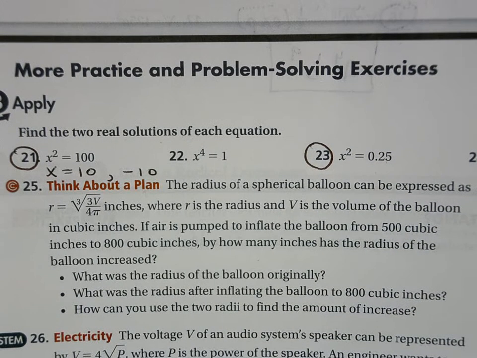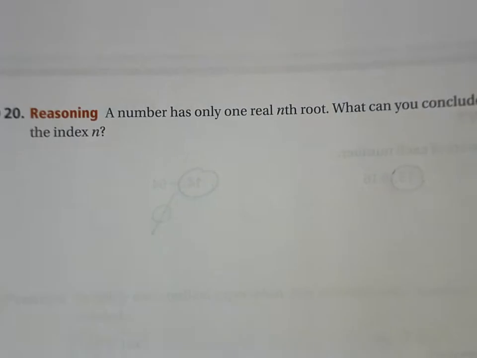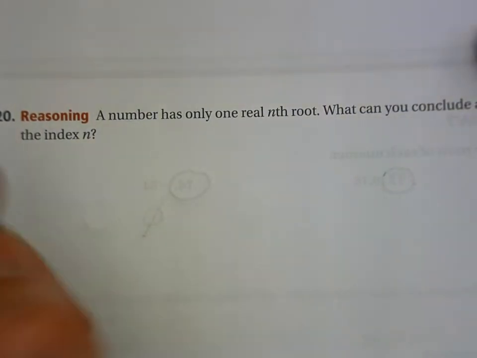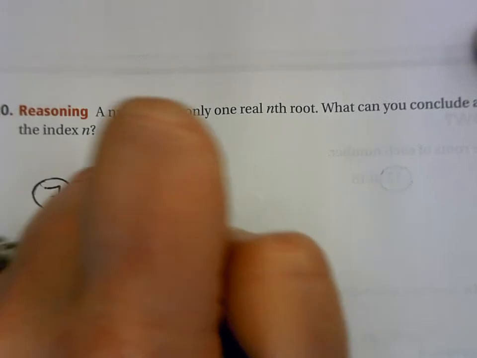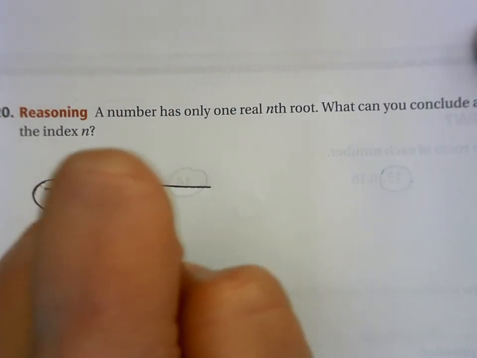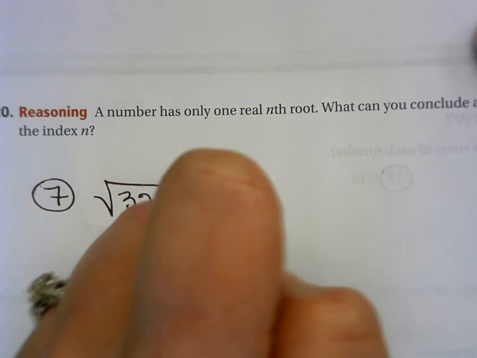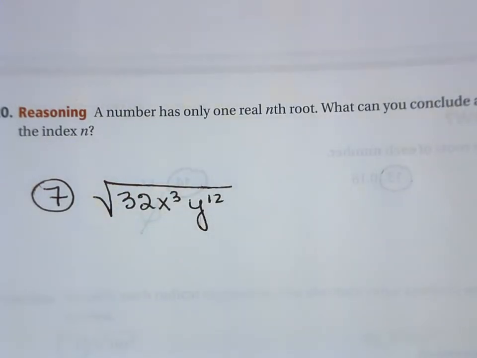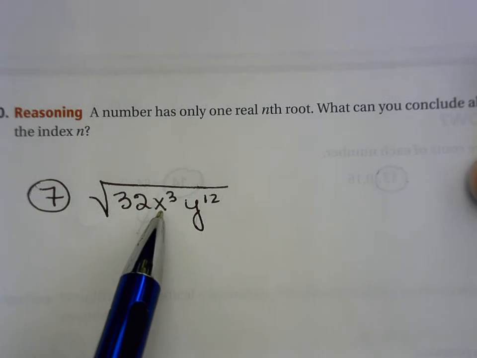And then let's take a look at the worksheet questions, and I'm going to do that just up top here. So let's take a look at question number 7. So this is 7 from the worksheet. For this one right here, I have an odd power, so that would be x to the 3rd.